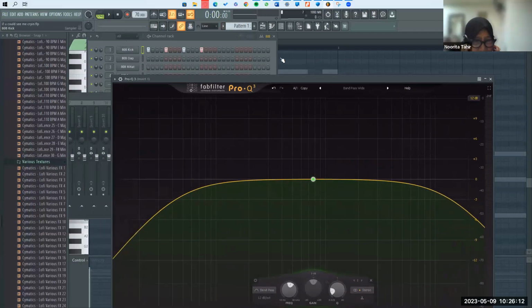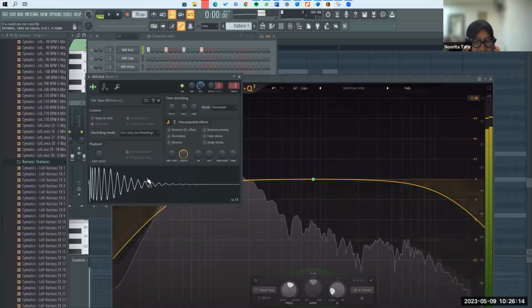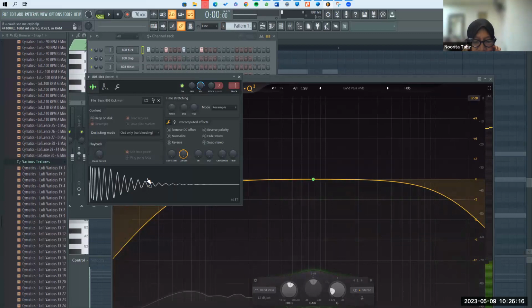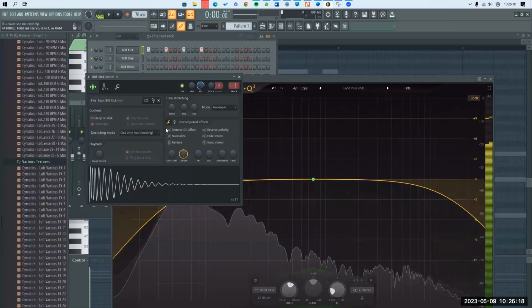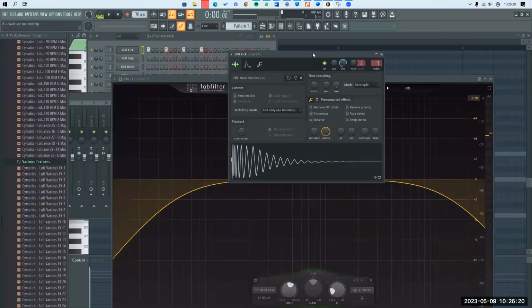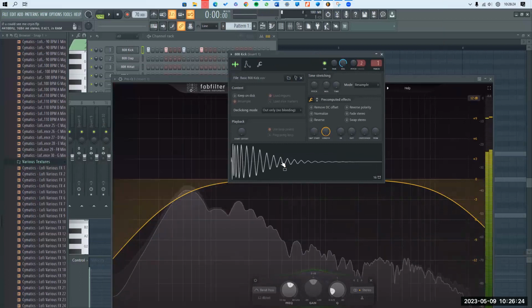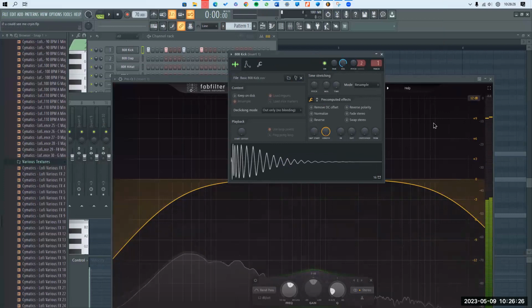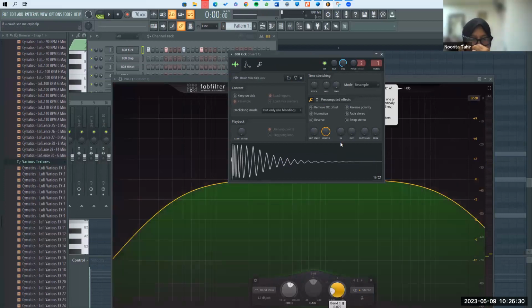I can't hear the sound. Is it supposed to have any sound? Yes, it already has a sound, but I think the sound is not. Yeah, maybe only you can.